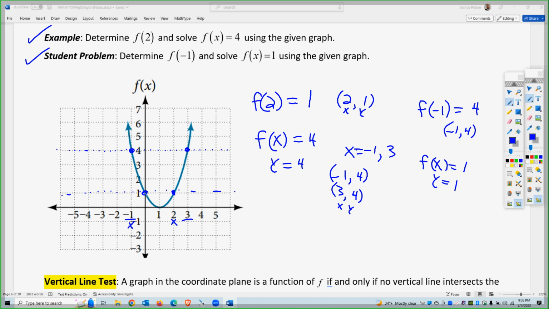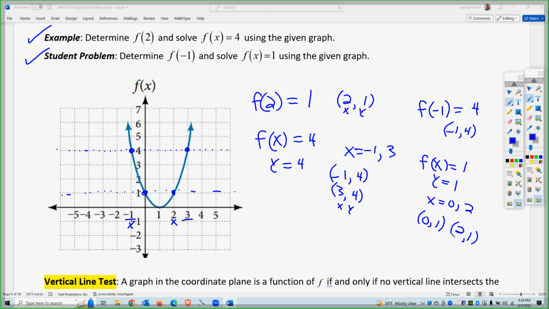So we're at x equals 0 and x equals 2, correct? So we have 0, 1 and 2, 1. Okay. So inputs to outputs is all I'm really doing, is reading them, inputs to outputs essentially.